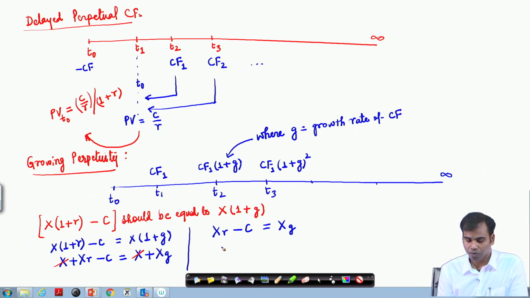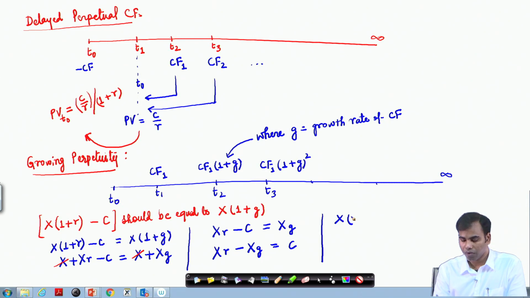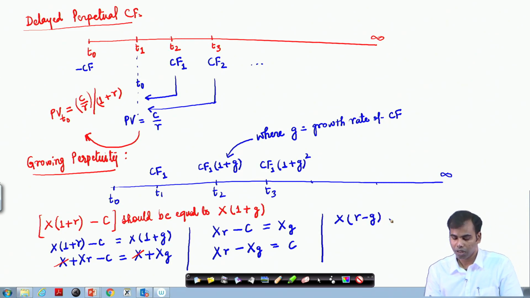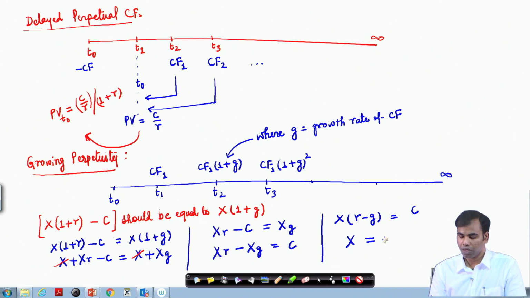So, if you bring the x factors on one side, so you will have x r minus x g is equal to c, and to simplify it even further, you have x common outside, r minus g, equal to c.